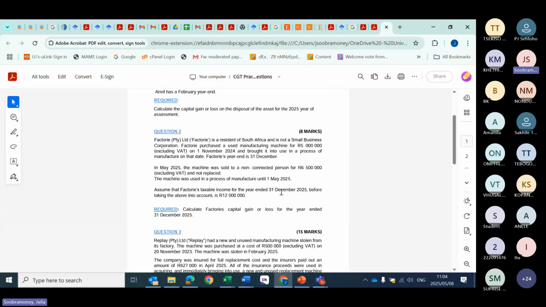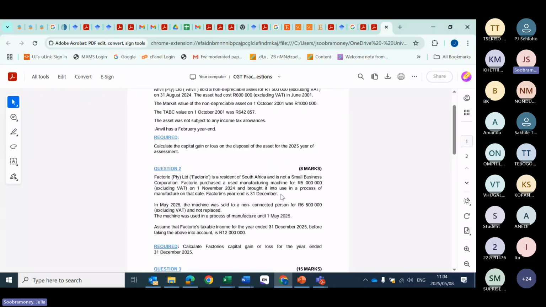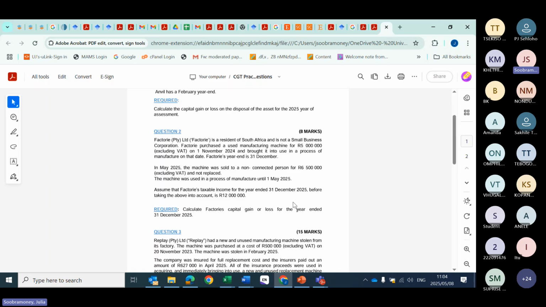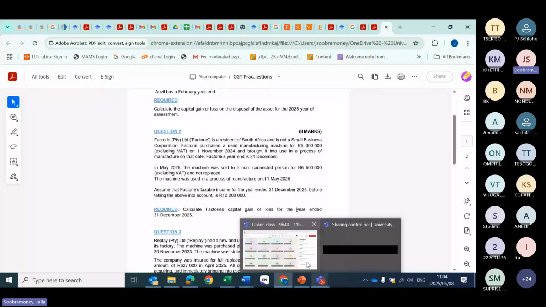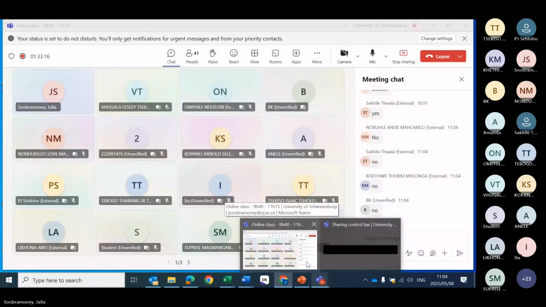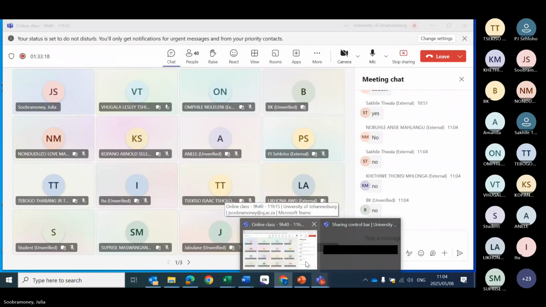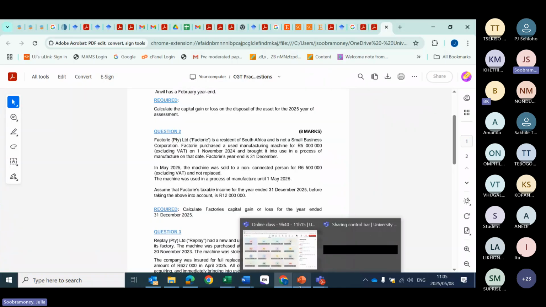Please, can you tell me what type of machine is a used manufacturing machine? What type of asset is that, guys? 11E or 12C? 12C, correct. Manufacturing.